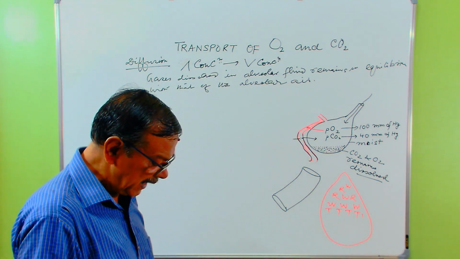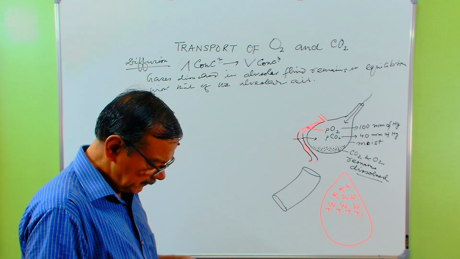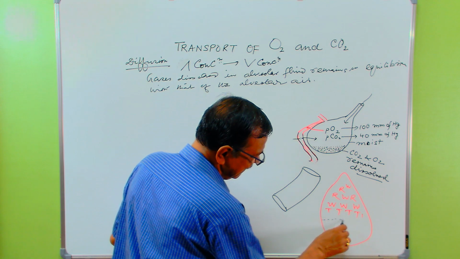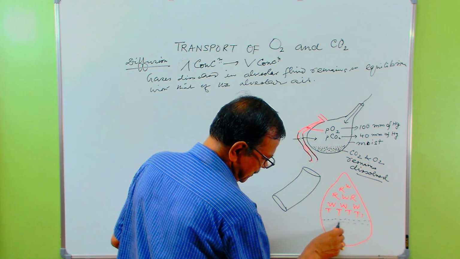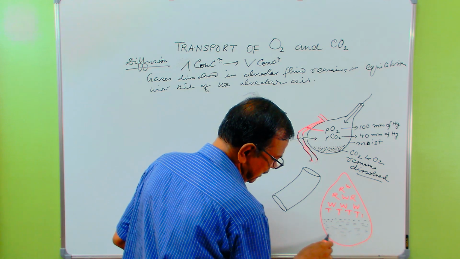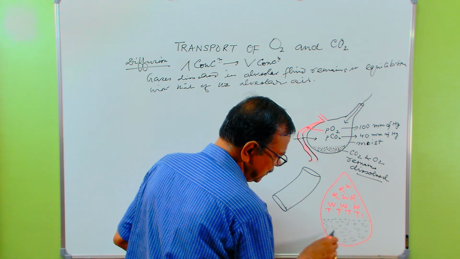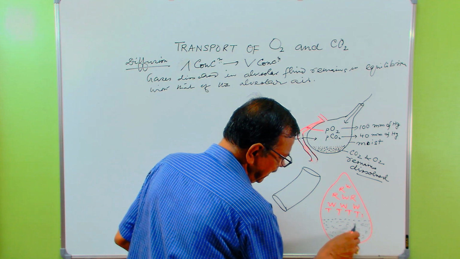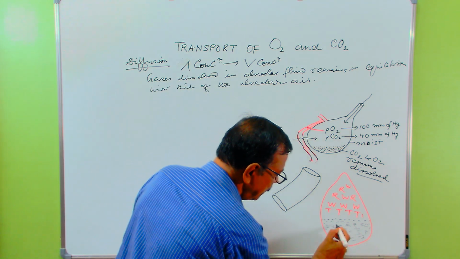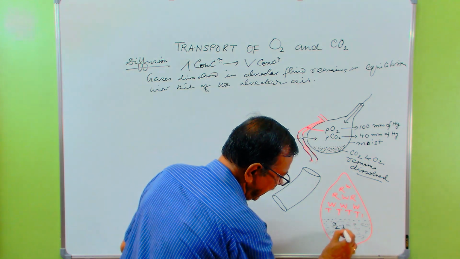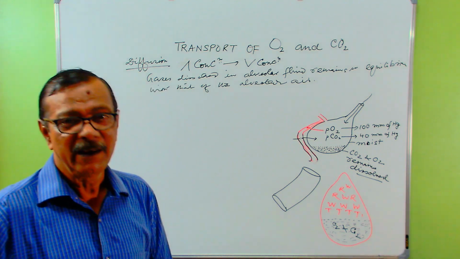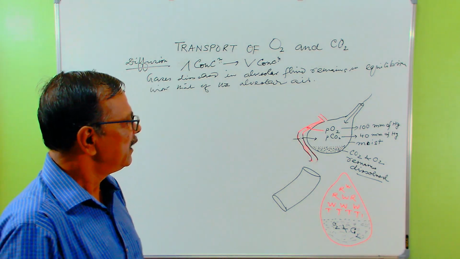So in the plasma, there is some water. For the purpose of study, I am drawing the plasma separately; otherwise, it remains mixed. So this is the plasma. In the plasma, some O2 and CO2 remain in dissolved form.